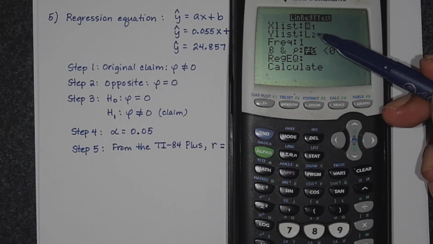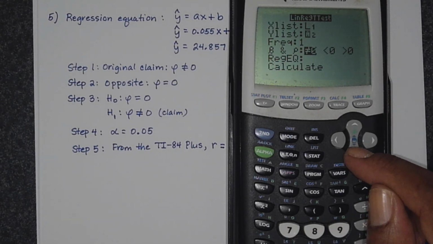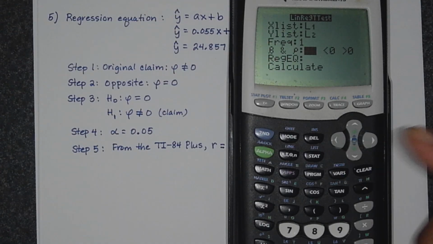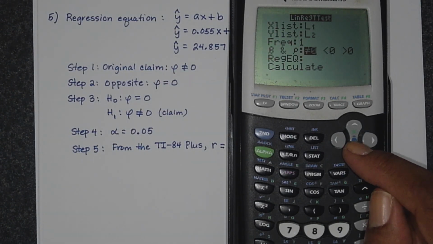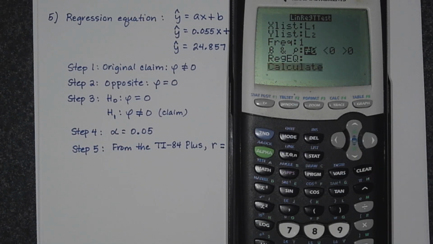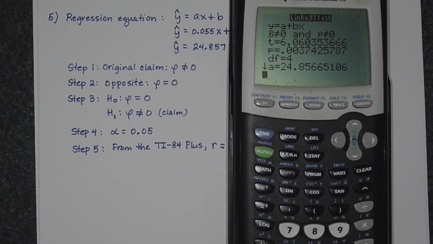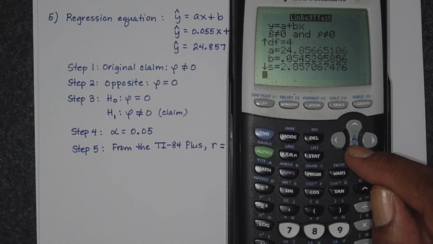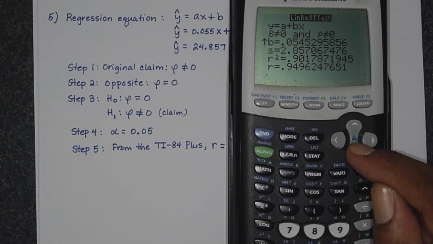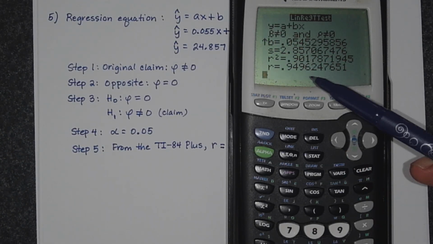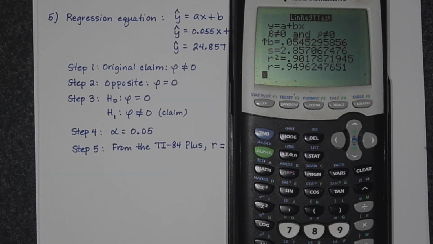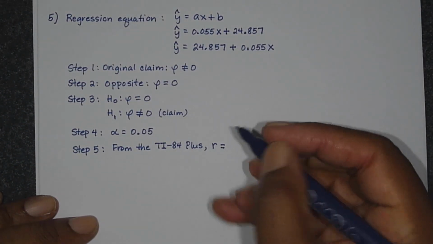L1 and L2 should be your X list and Y list respectively. Not equal to 0 should be highlighted under beta and rho. This should be blank. Go all the way down to calculate. Press enter. Go all the way down to find R, which in this case to 3 decimal places is 0.950.